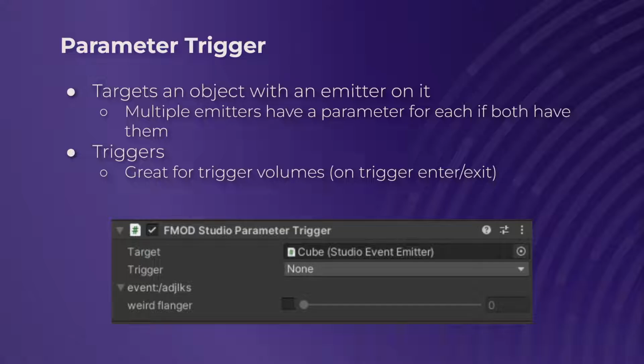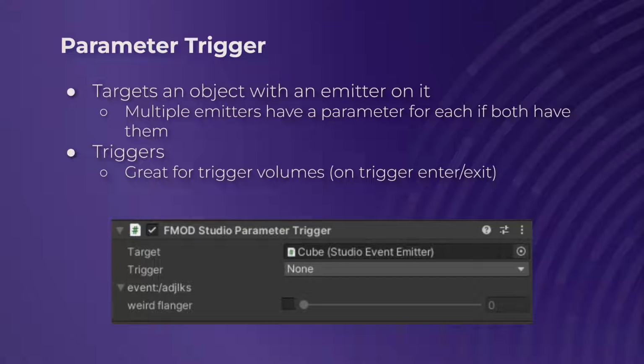And multiple emitters on one object is perfectly fine with this. There will be a parameter for each of them if both have them. So let's say there were 2 emitters on that cube, one of them for one event, and let's say another one was for another event. But both of them had 2 different parameters. Cool, that's fine. They would all drop down there.